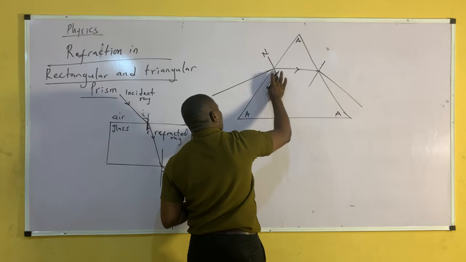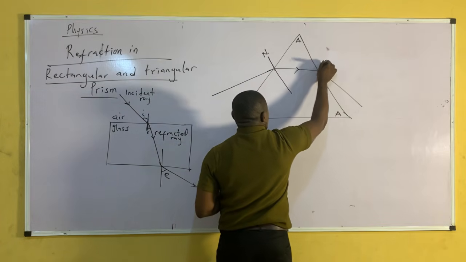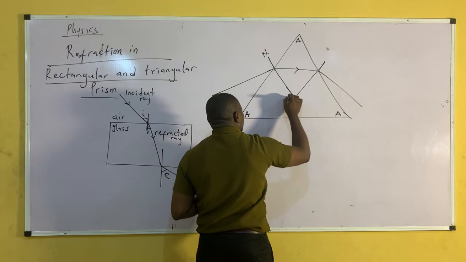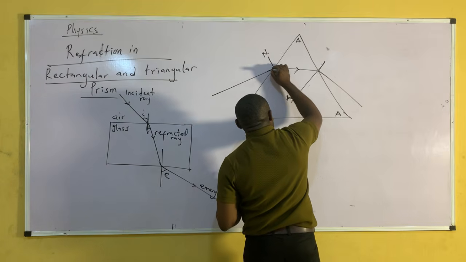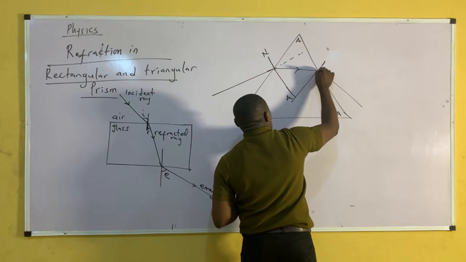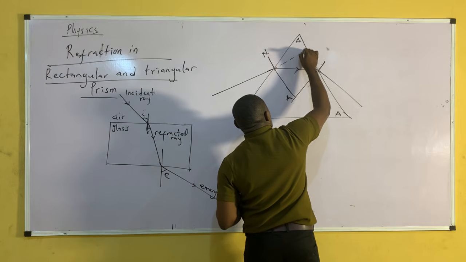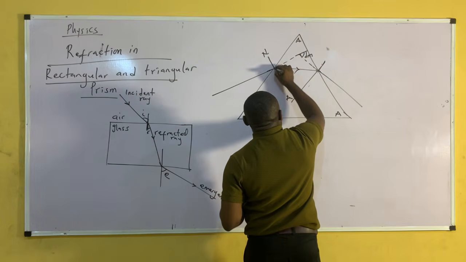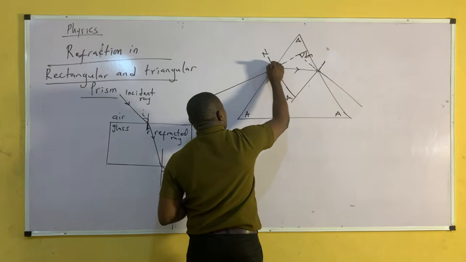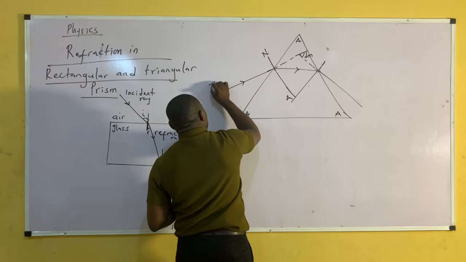Now please watch this very well. Now this gives us an angle here, which is A. This can go forward and this goes forward to meet at this point, and you have the minimum deviation, which is Dm here. Now take note, this is the normal, this is the incident ray.